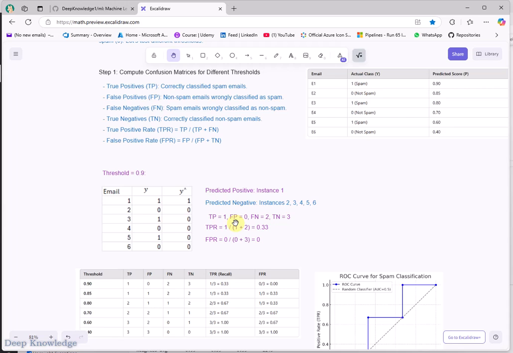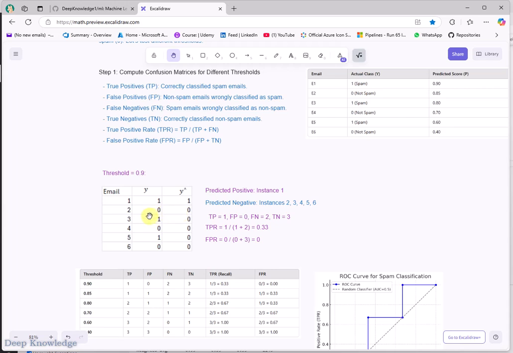Now let's calculate the true positive, false negative, and true negative. As you can see here, this class was spam, or let's say positive, and it was predicted as positive, so it will be a true positive. It's only one. And for the false positive, we have none here.